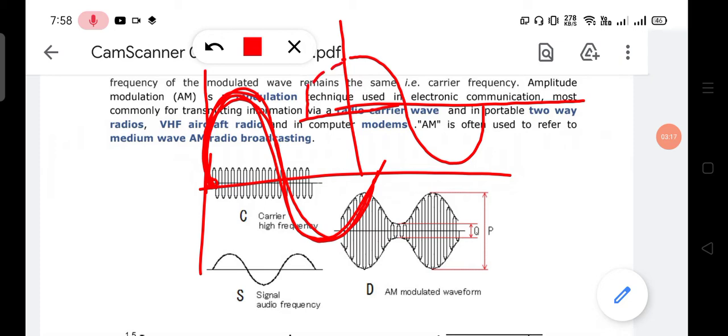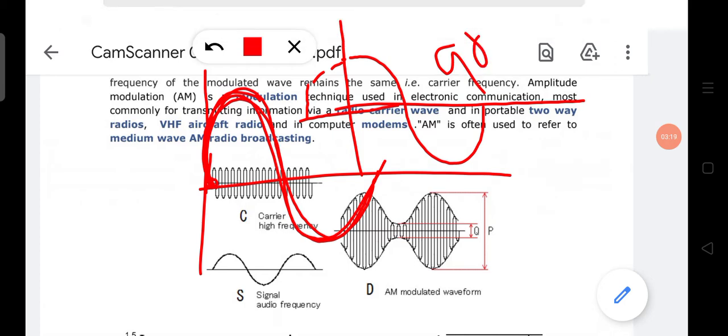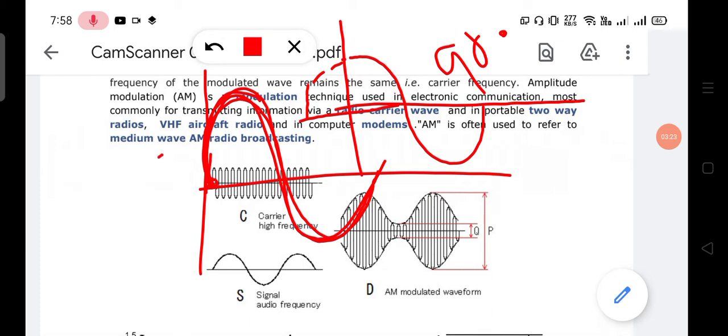This is 90 degree phase shift. This is 0 degree phase shift. You compare this and this. So this is the 90 degree phase shift.